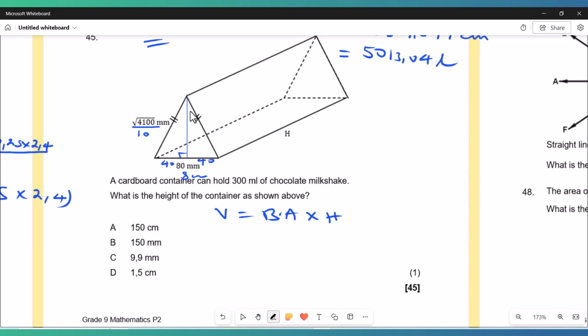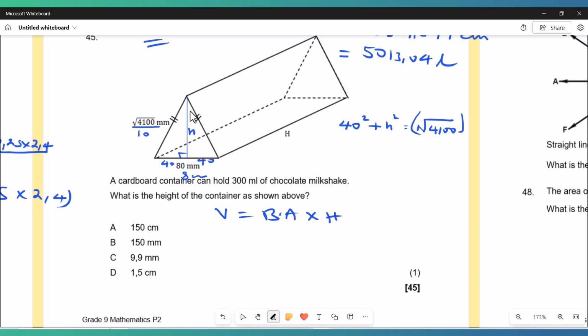Let me find this small height h using Pythagoras. I know that in this particular case, my 40 squared plus the small height h squared must give me the square root of 4100, squared.